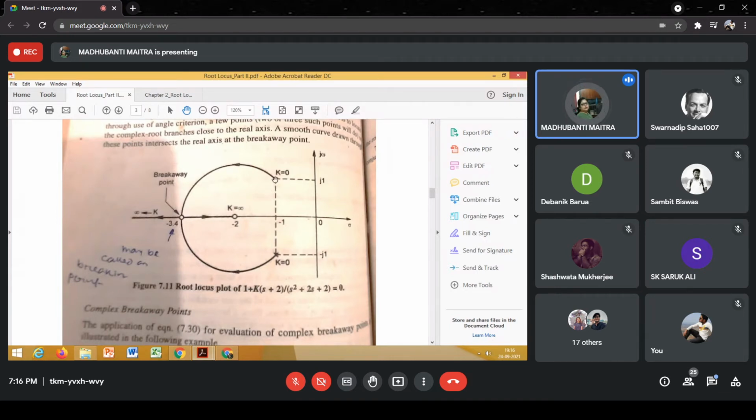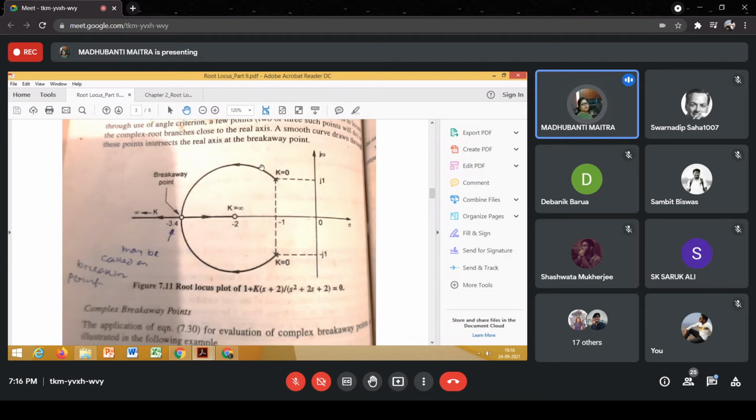So here you see the root branch that originated from this complex open loop pole. It's also a complex open loop pole. So the root branch originated from this open loop pole, but it moved like this in this direction.